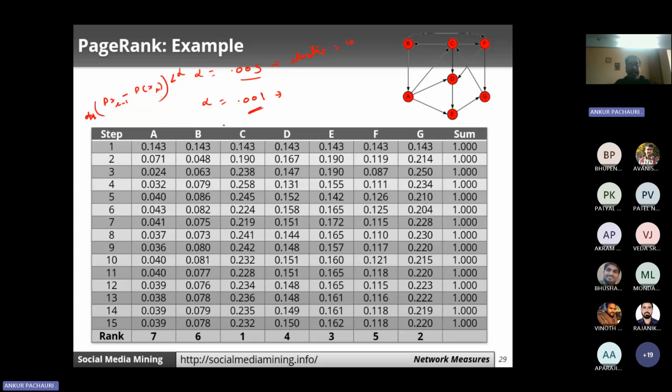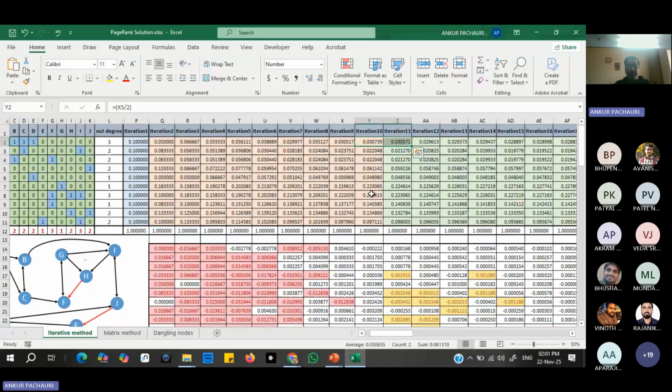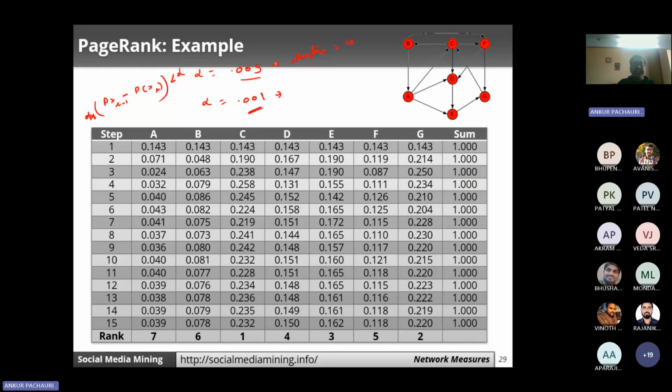If I want my alpha to be 0.001, or 0.005 in that sense, it means a 0.5% error margin.